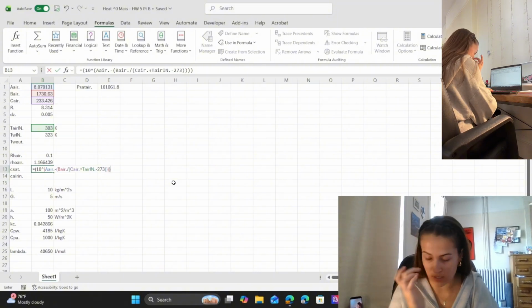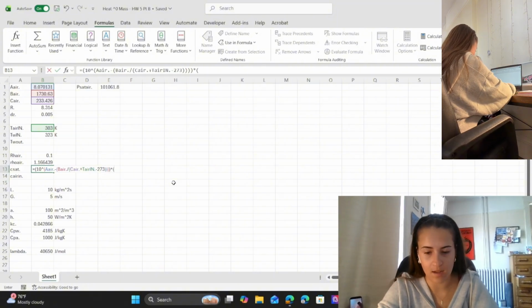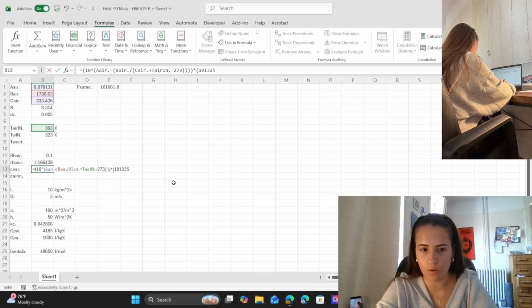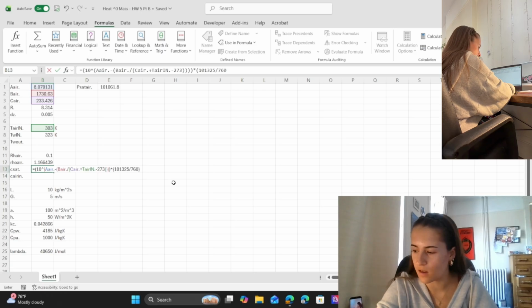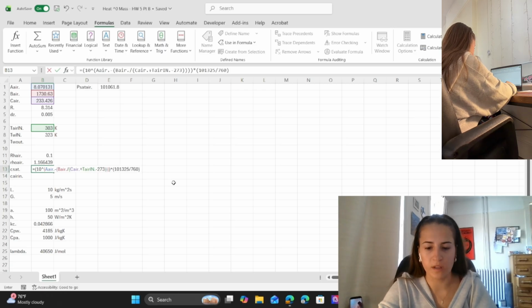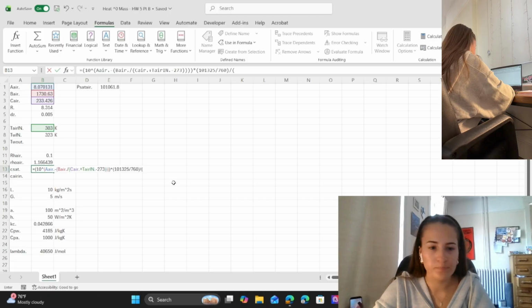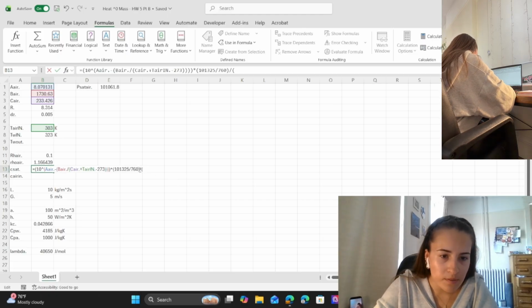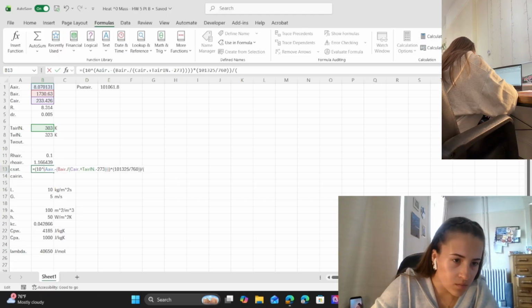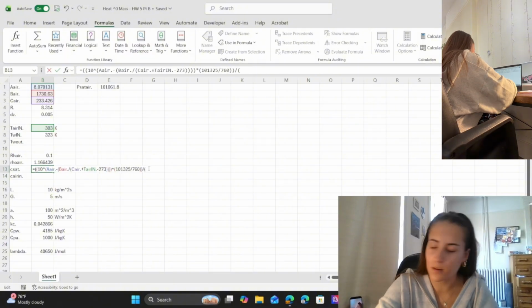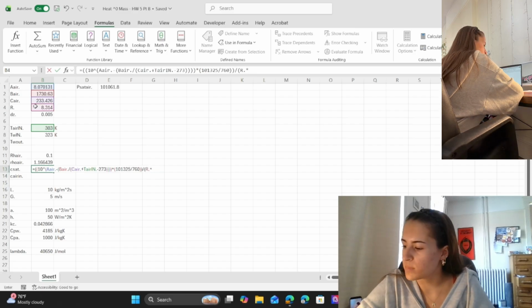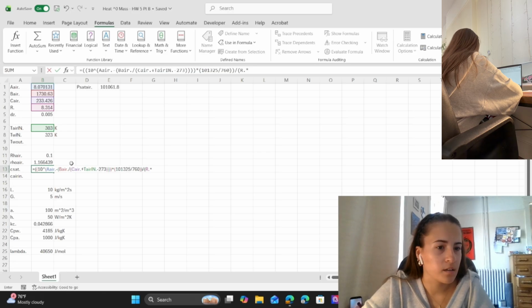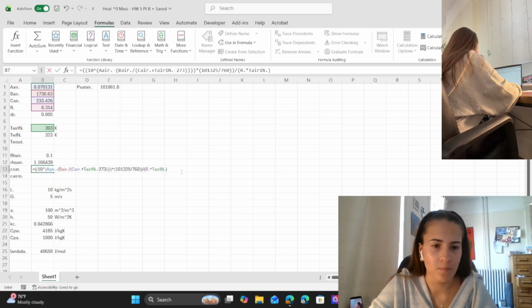And then in order to get this in correct units, we have to use that converting factor, 101,325 divided by 760. And then all of this will be divided by, let me put this in big parentheses, all of this will be divided by R times the temperature of the air coming in again.